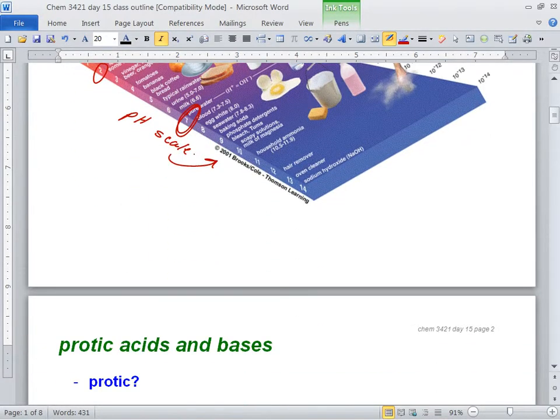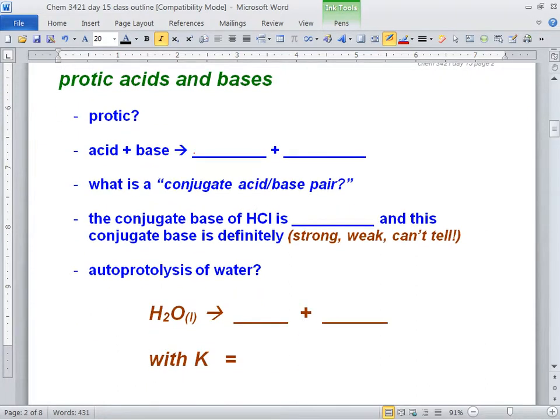Okay. So let's start off with protic. What does protic mean? The substance is protic.